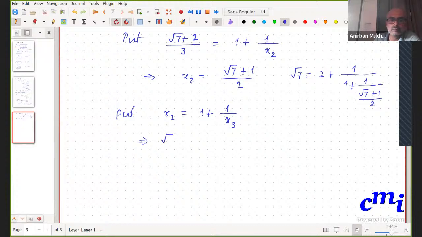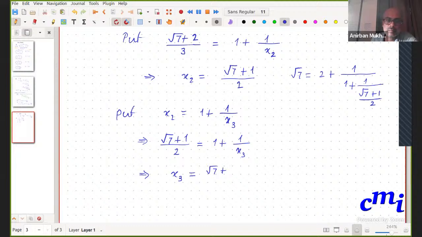So square root of 7 plus 1 by 2 is equal to 1 plus 1 over x3. Since I have the calculation, let me write what my x3 is. So x3 is square root of 7 plus 1 by 3.